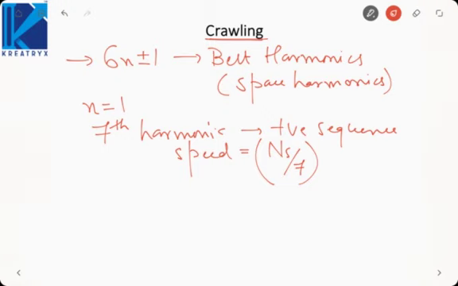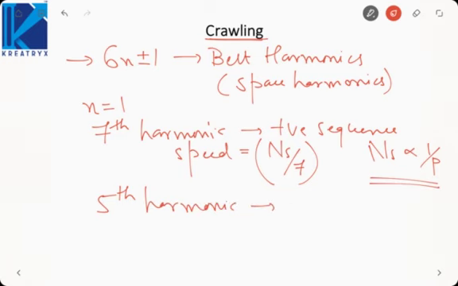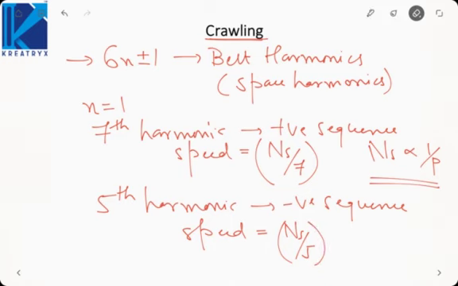So if there are more frequent current reversals, more poles will be induced, and we know that synchronous speed is inversely proportional to the number of poles. That is why it is ns by 7. Similarly, the other harmonic will be the fifth, 6 minus 1. It is a negative sequence harmonic. Its speed will be ns by 5. How am I calling them positive and negative sequence? Let me explain that.